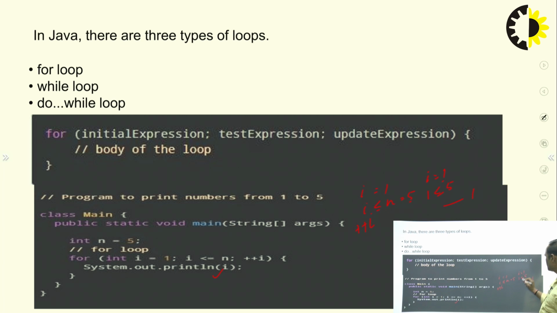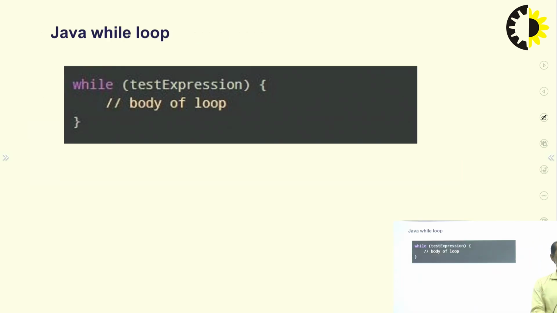Then i equal to 2 after the post increment of i, check 2 is less than or equal to 5, again print 2. In this manner we check all the numbers, i equal to 3, 4 and 5. So 1, 2, 3, 4, 5. This is the output of that program. This is a simple program.